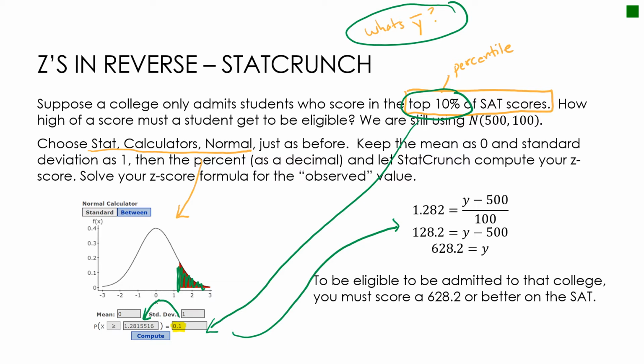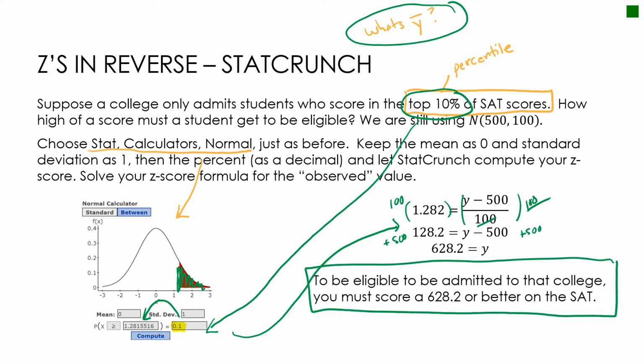And hopefully we all are strong in our algebra skills, so I'm going to take each side times 100 to get rid of that fraction on the bottom. That leaves me with 128.2 is equal to Y minus 500. Then I'm going to add 500 to each side, and that gives me 628.2 equals Y. So I've done all of that work to answer the question that a student must get a 628.2 or better on the SAT to be admitted.